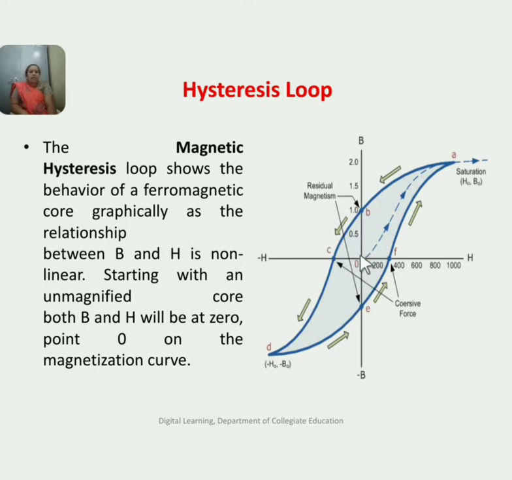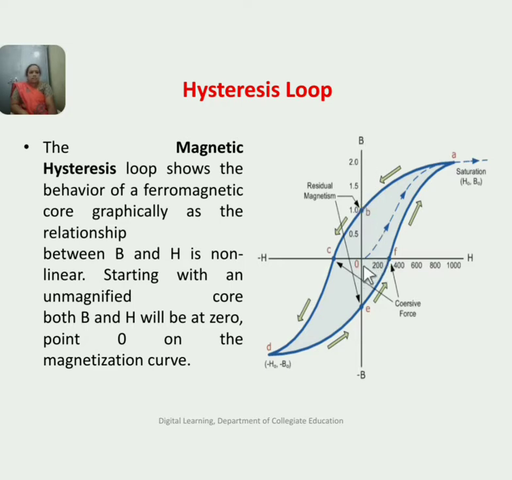If the magnetization current I is increased in the positive direction to some value, the magnetic field strength also increases. See, this is the magnetic field strength. H increases. As H increases linearly with I, the flux density B also increases.